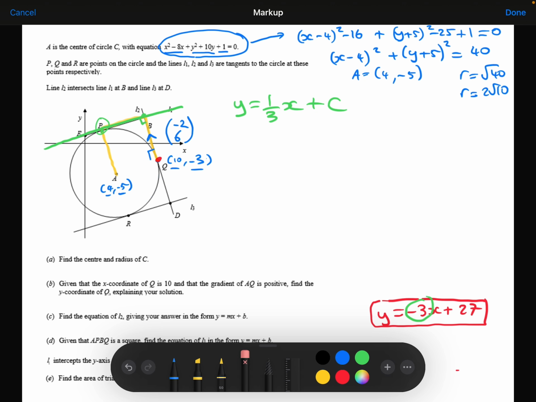So let me just try and explain that one more time because my diagram's a bit messy here. What I'm saying is that from here to here I've gone across 6, up 2. So therefore from here to here I'm going to go back 2, up 6.